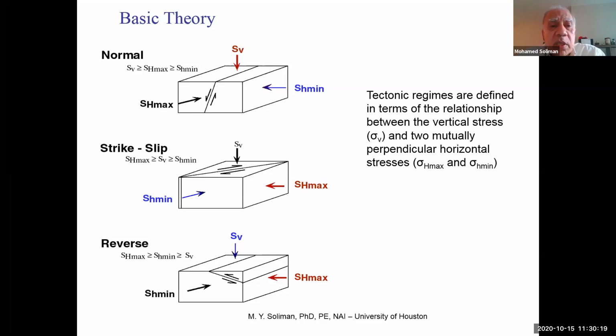The minimum horizontal stress is the smallest. So if I fracture it here, what happens? Well, we already know that a fracture is perpendicular to minimum horizontal stress or minimum stress. So the minimum stress is horizontal, so I have a vertical fracture perpendicular to my minimum stress.